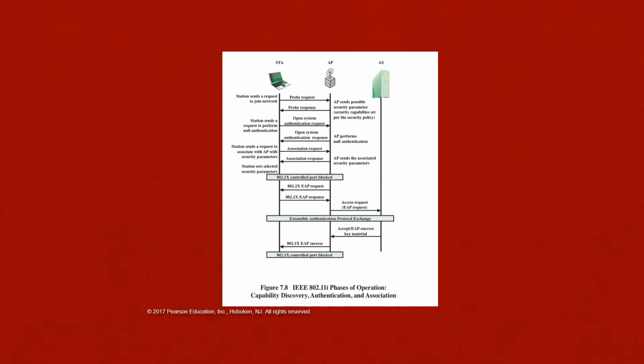Security capabilities. During this phase, the STA and AP decide on the specific technique in the following areas: confidentiality and MPDU integrity protocols for protecting unicast traffic, traffic only between this STA and AP; authentication method; cryptography key management approach; and confidentiality and integrity protocols for the protected multicast/broadcast traffic, which are dictated by the AP, since all STAs in a multicast group must use the same protocols and ciphers.